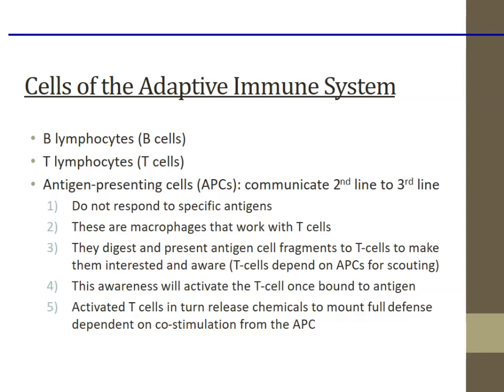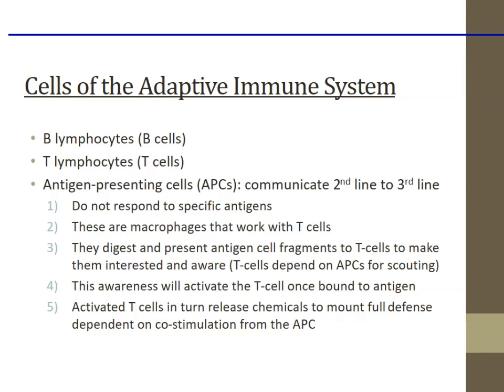So these APCs don't respond to specific antigens, they respond to any antigen. That's why they're still considered second line at this point. They're macrophages that work with T cells. We're talking about APCs right here, which stands for antigen presenting cell. These are macrophages, guys, that work with T cells.